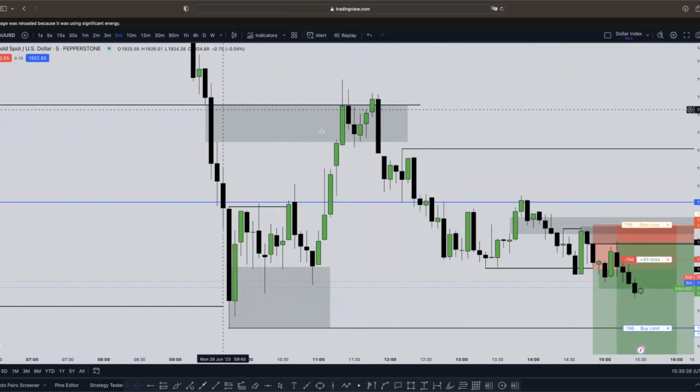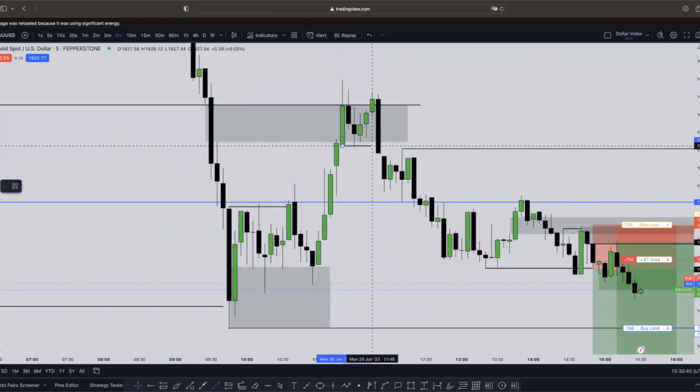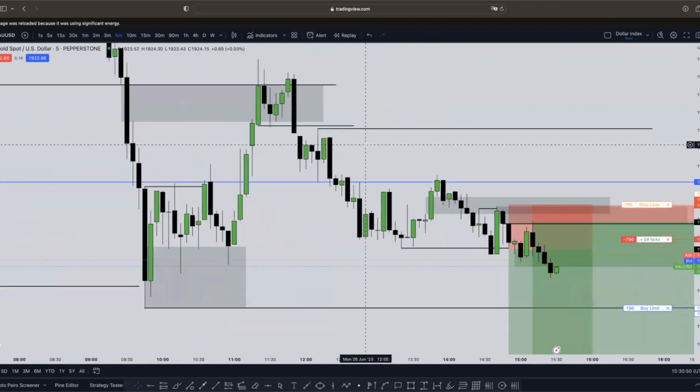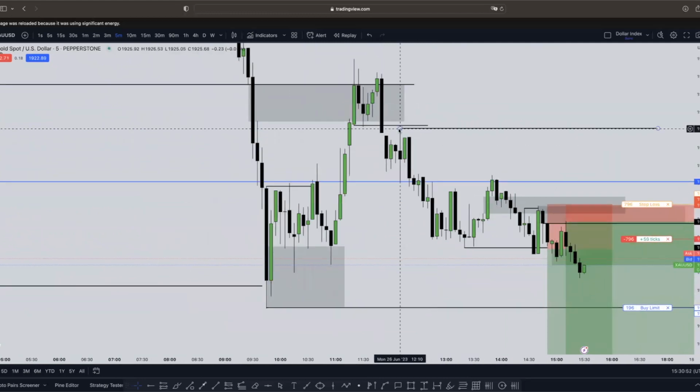So you see now here. At what point does this become a change in the state of delivery? At this closure point here. That is when it becomes a CSD. Trade low, low. See now, see how we have a gap here?